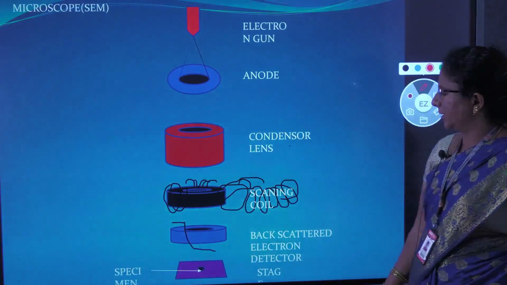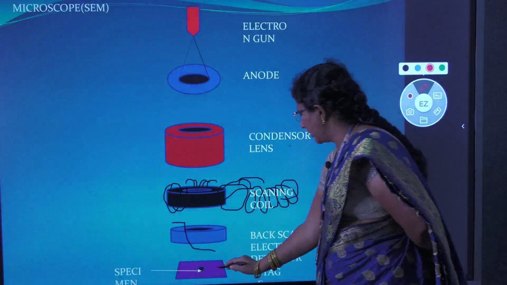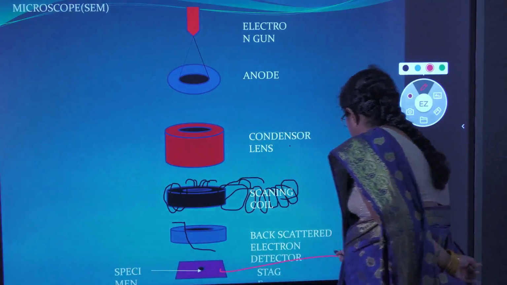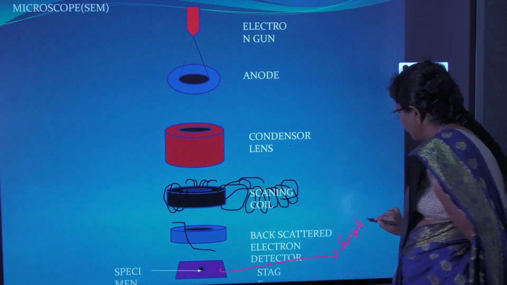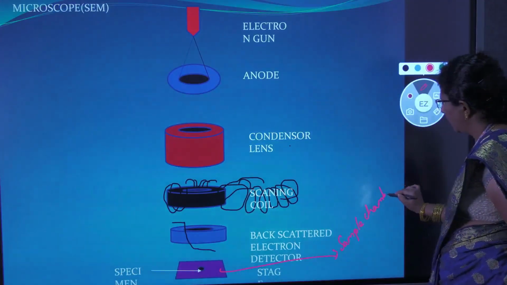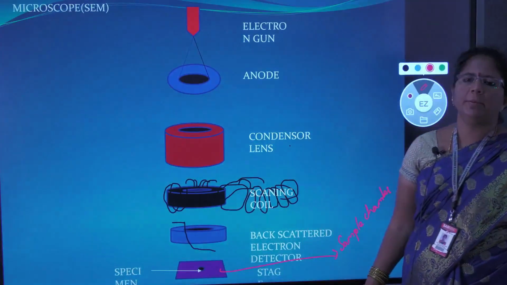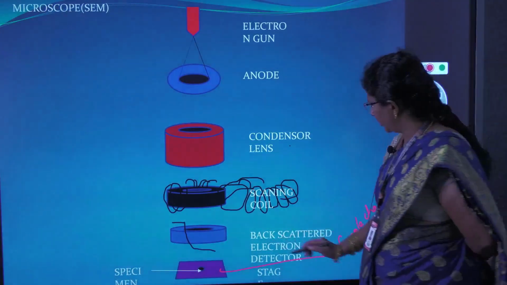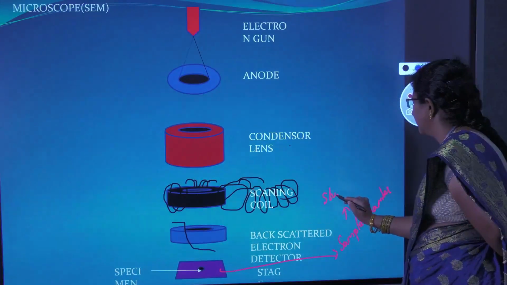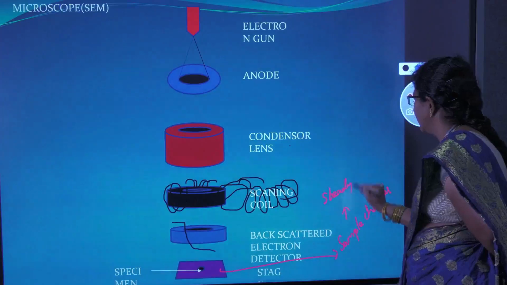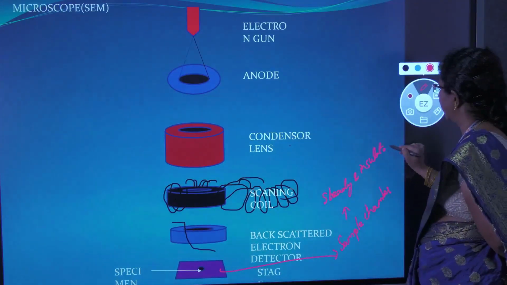So next one is the sample chamber. Sample chamber means this is the chamber where the specimen under examination will be placed. This sample chamber must be steady and it must be insulated from vibration.